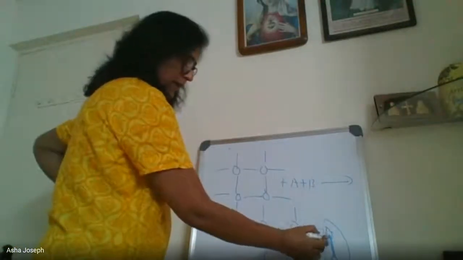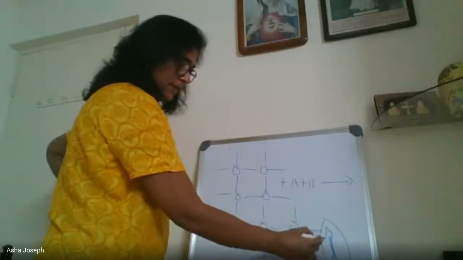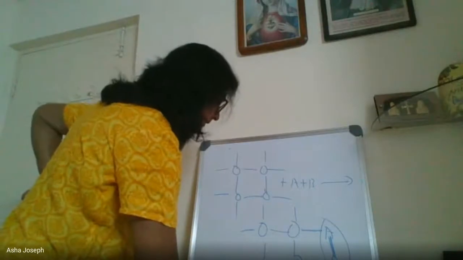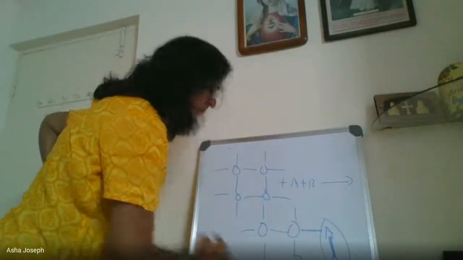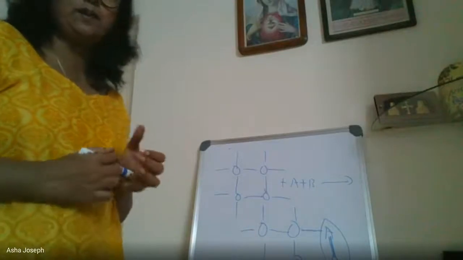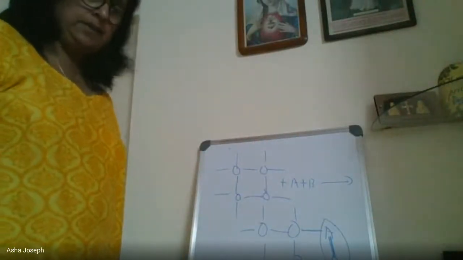Clear? And now this has to be removed, isn't it? Desorption will take place. That is the next step. Desorption means the compound AB will come off. And the last step, it has to diffuse away from the area near the catalyst. Now clear? Yes, ma'am. Clear, ma'am.